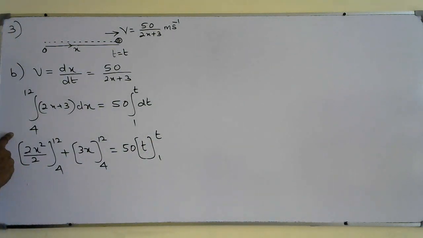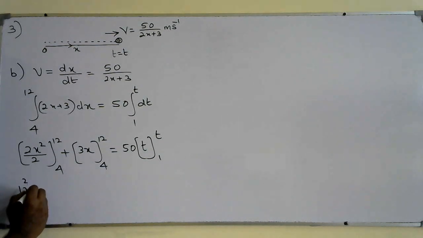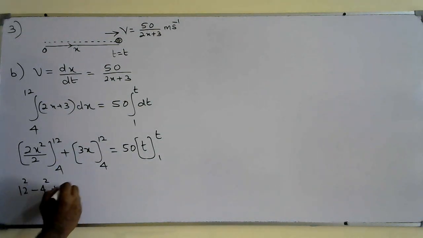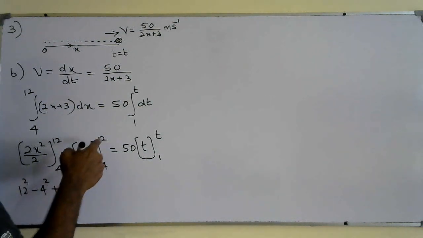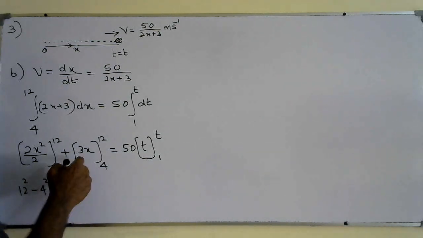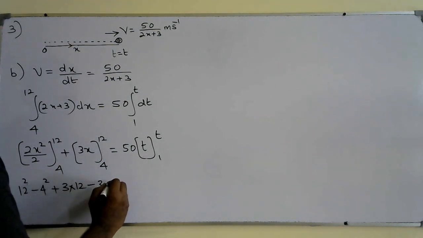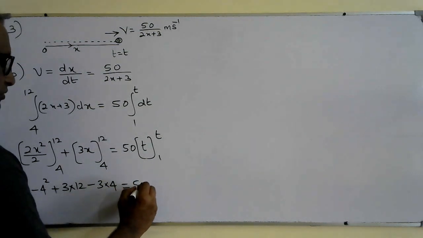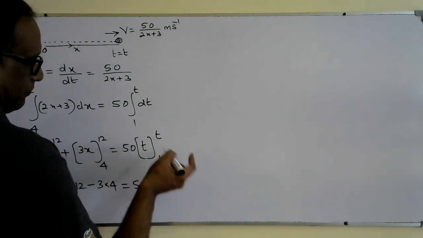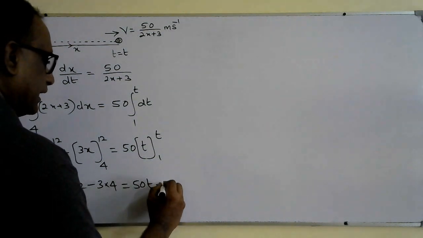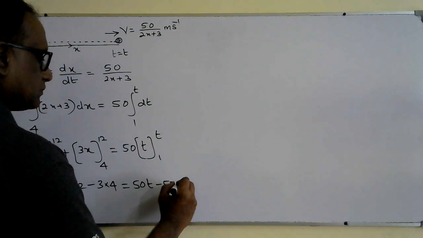Solve it. So 2 and 2 will get cancelled. 12 squared minus 4 squared, plus 3 into 12 minus 3 into 4 is equal to 50 into t minus 50 into 1.